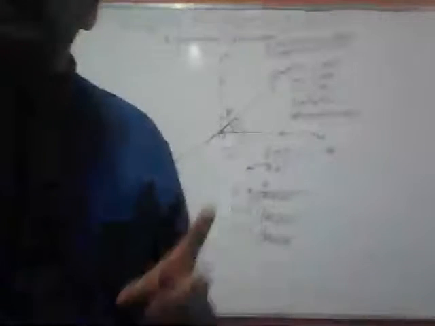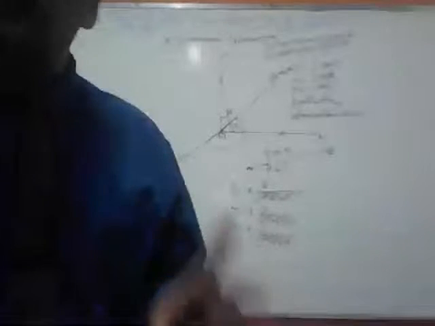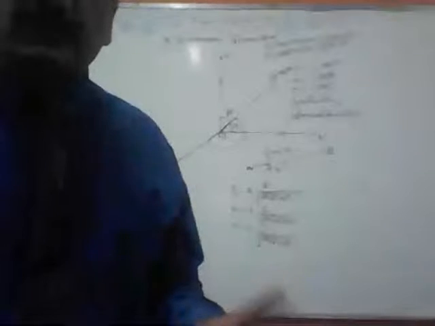Look carefully again. If the coordinates of P and Q are x1, y1, z1 and x2, y2, z2, then the direction ratios of line PQ are A equal to x2 minus x1, B equal to y2 minus y1, C equal to z2 minus z1.